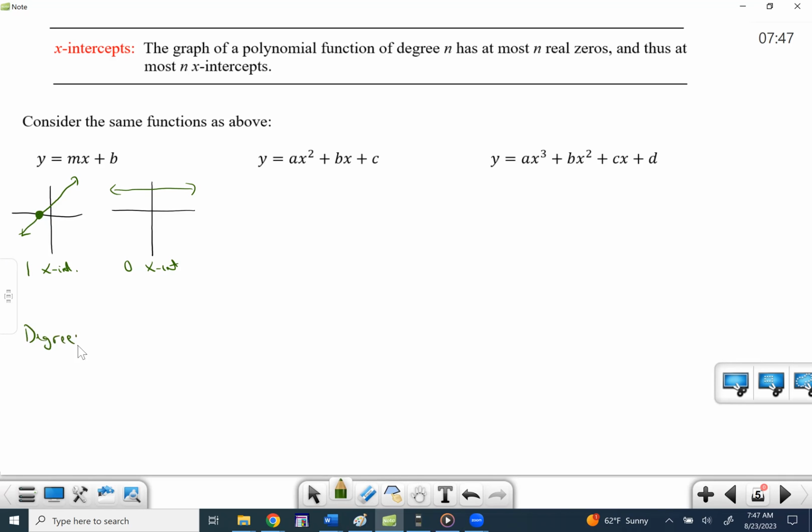So the degree was 1 because of the exponent being 1. And as far as the number of zeros or x-intercepts, make sure that you understand that those are interchangeable, right? That could be at most 1, right? At most 1. These actually match now, right?